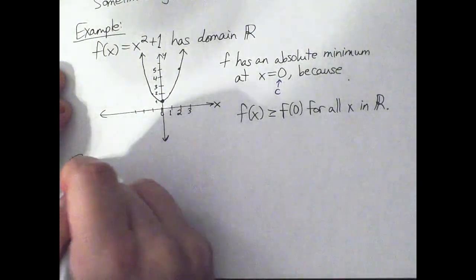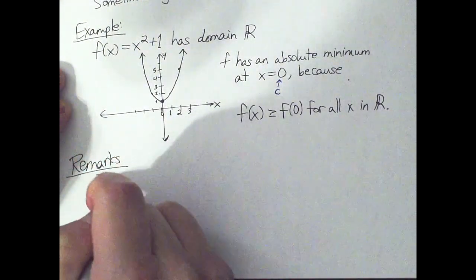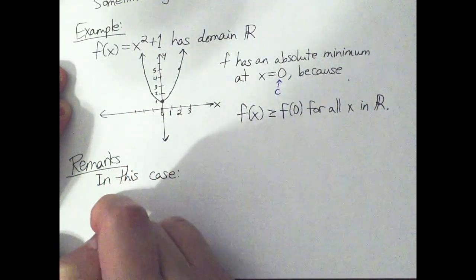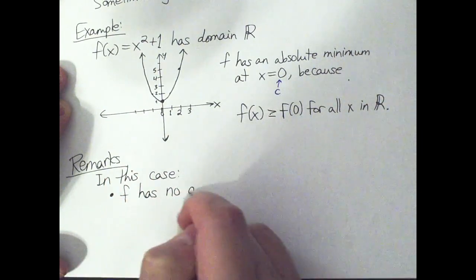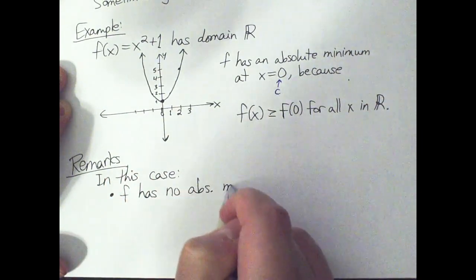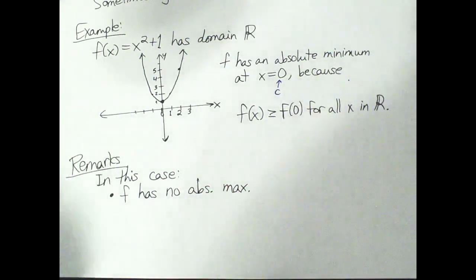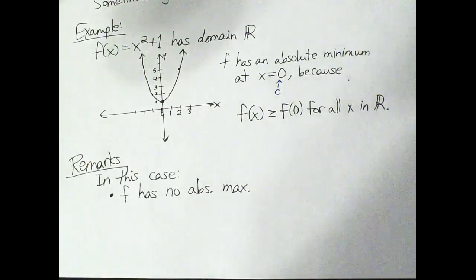I have a couple of remarks. In this case, first remark is f has no absolute max. I'm abbreviating here. Absolute maximum, you could abbreviate it like this. Sometimes we'll just call it a max or a min.